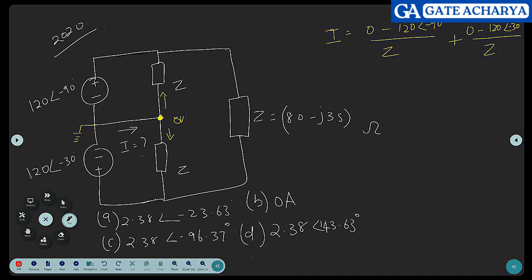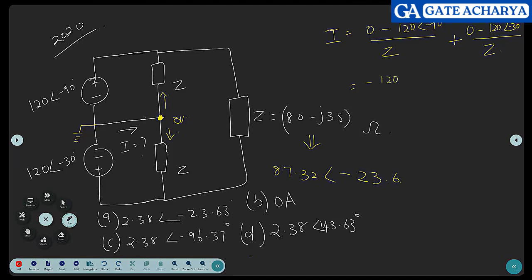What is 120 minus 90? Complex number. See, there are multiple ways to do it. One of the ways is you can also convert this to a polar form. What will be the polar form of this? 87.32 and angle is minus 23.6. So you can do it like that also.